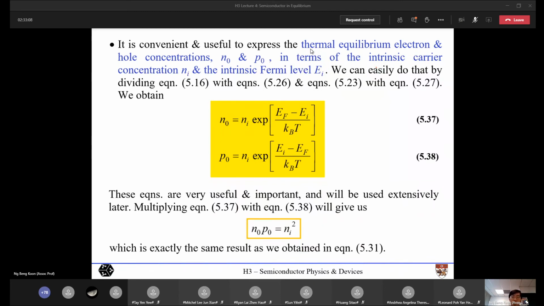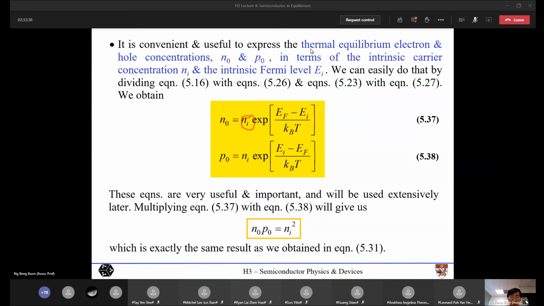If you know the intrinsic carrier concentration of the semiconductor, then obviously you will use this set of equations here, because you know the value of Ni. On the other hand, if you know the effective density of states, then you can use the other set to find out what N naught and P naught are. So these are really two complementary equations that we could use depending on what you have.